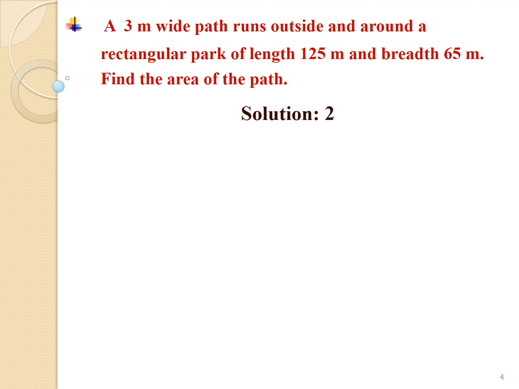We also know that to get the area of the path, we have to subtract the area excluding the path from the area including the path. Also, to get the length and breadth of the rectangular park including the path, we have to add the width of the path given to us to the length and breadth of the rectangular park excluding the path.